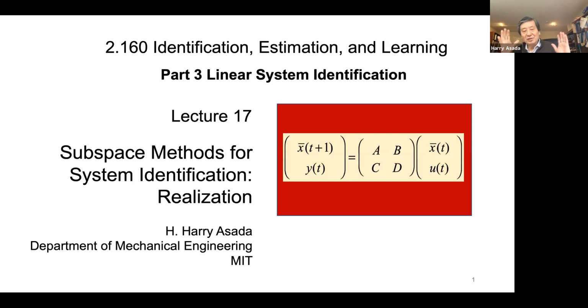So it's nice. You have a time series input and output data. You just use this algorithm, and the software returns the matrices A, B, C, D that cover both the state equation and the output measurement equation.